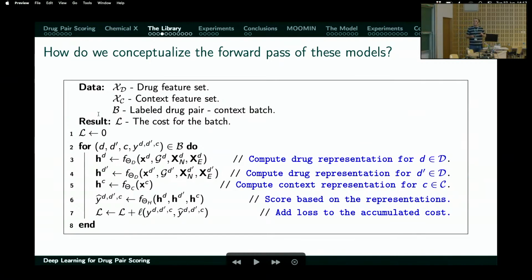And then the idea is the following, that more or less all of the models operate the same way: for the first drug, you would look up features that are drug level. So it's a feature vector. You would look up some sort of molecular graph. You would have properties of the atoms if your molecular graph is this graph where you have atoms as nodes and edges as covalent bonds, which you might like as an idea or dislike.